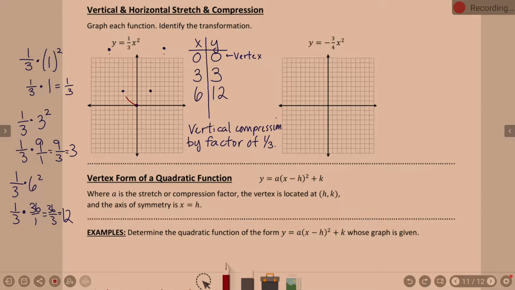Now, as I draw this parabola, did it get wider? That's the idea. It gets wider because we compressed it. Now, here's the trick.